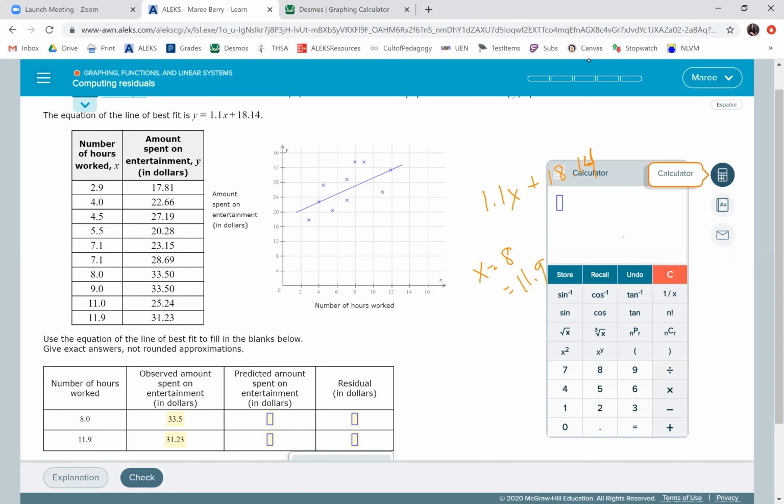Okay, so we have 1.1 times 8, and then I'm going to add 18.14. Okay, so that's 26.94.